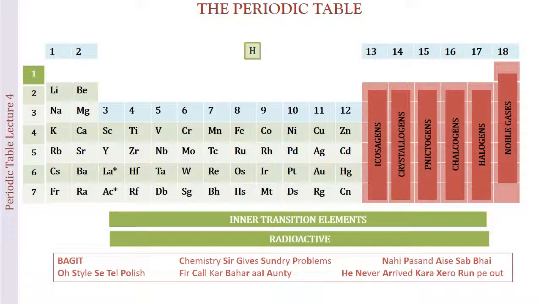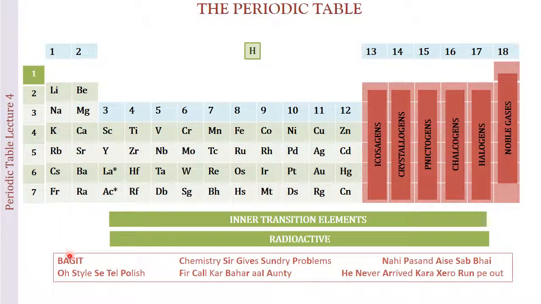So the next category of families that we have names for are the 13th to the 18th group, that are the p block elements. The 13th group is the boron family. These are called the icosagens, and you can remember these from the mnemonic Baggett.